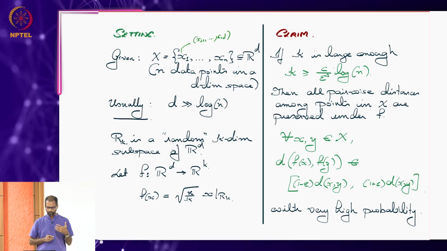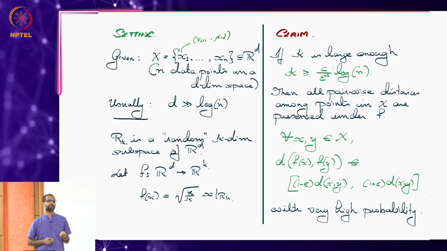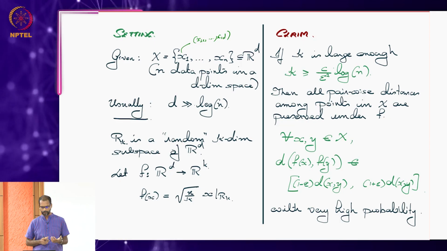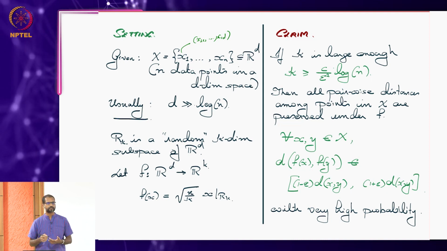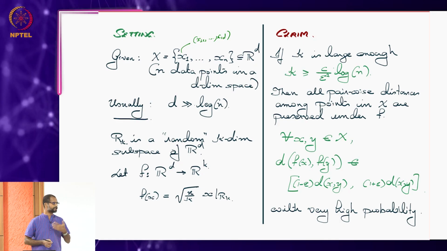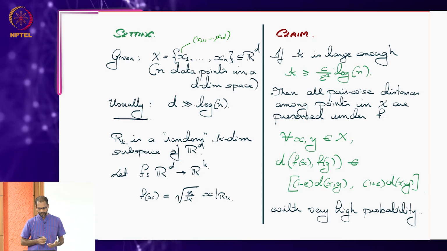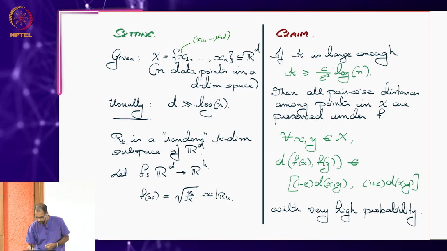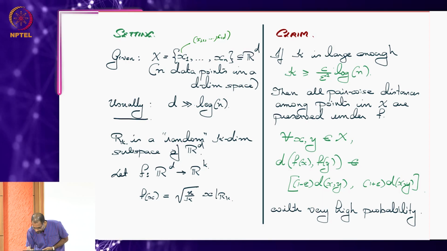Usually, when do you use a random projection? You only use it when the dimension in which the data is embedded is extremely large. If you have n points, and if the dimension is already comparable to log of the number of points, you are not going to get any benefit by using this random projection, because after our analysis we will see that for random projection to work, you need of the order of these many dimensions.